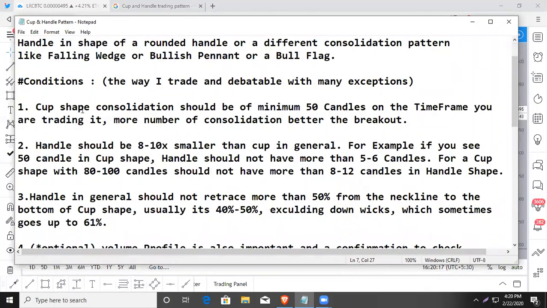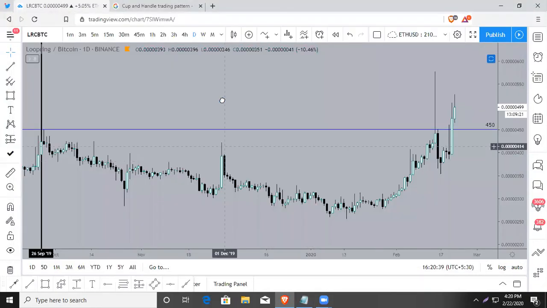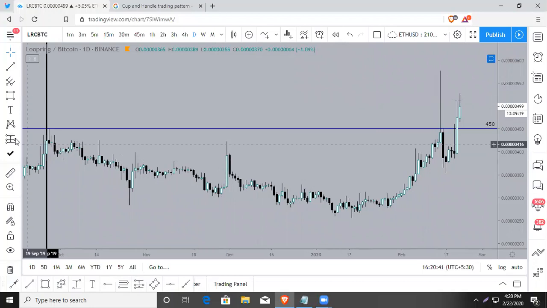Okay, so the very first condition which I give the highest priority is that the cup shape consolidation should be of minimum 50 candles. Whatever the time frame you are using, a 5-minute chart, 4-hour chart, 1-day chart or weekly chart, but the cup shape, the round shape of the pattern should have at least 50 candles.